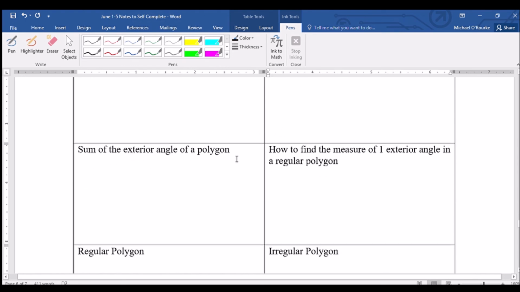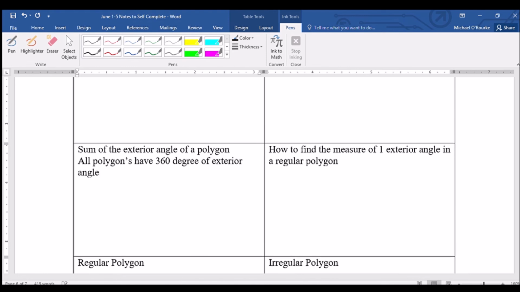Sum of the exterior angles of a polygon. Well, all polygons have 360 degrees, no matter what the shape is. And lastly, this one here is 360 divided by the number of sides.